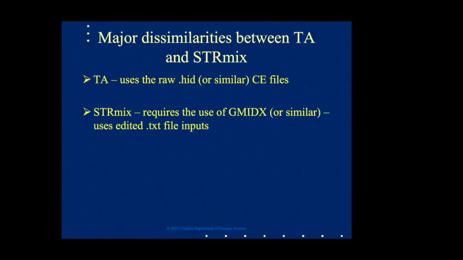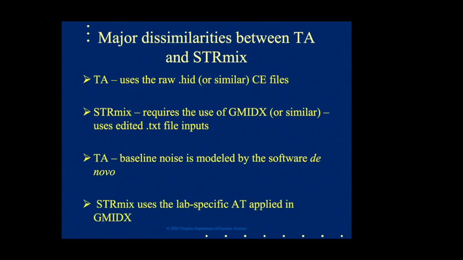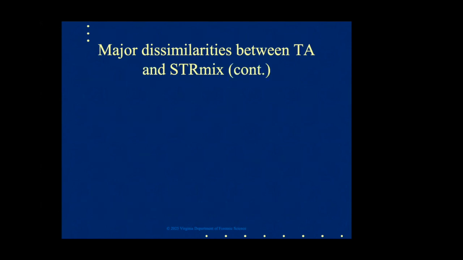Apologize for all of this, but STRmix requires use of GMIDX or some similar intermediary program, and so it accepts edited .txt files. Next. In TrueAllele, the baseline noise is modeled by the software de novo on a per locus basis, whereas STRmix uses the lab-specific analytical threshold that's applied in GMIDX. Okay, next slide.